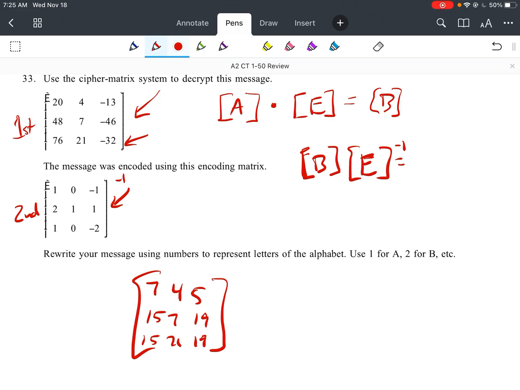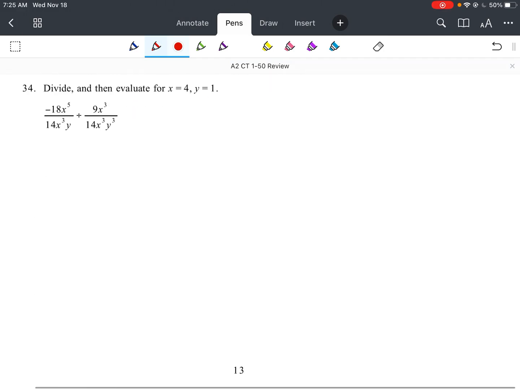If you turn those into letters, you're going to go down column by column. So this is 7, 15, 15, so that's G, O, O, and then 4 is D, and then G, U, E, S, S. Good guess. All right. Good guess, everybody.